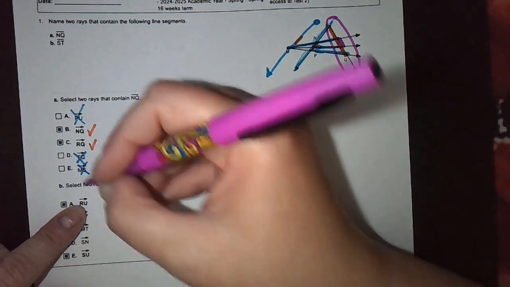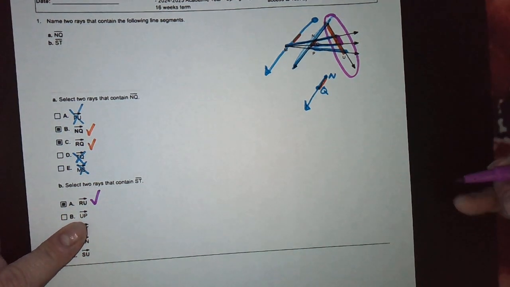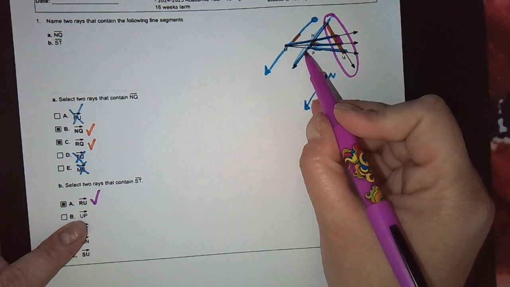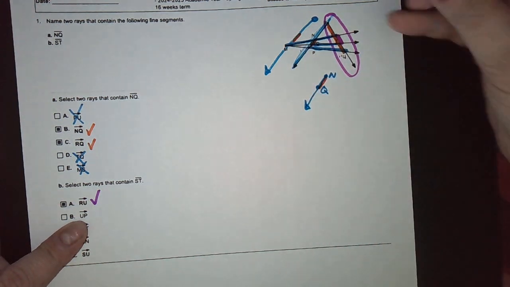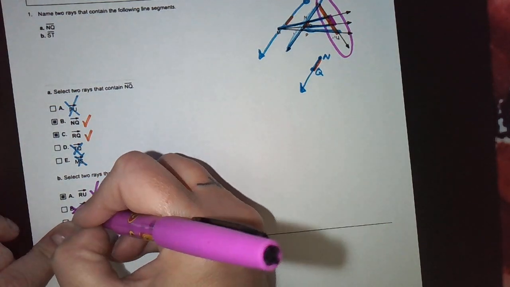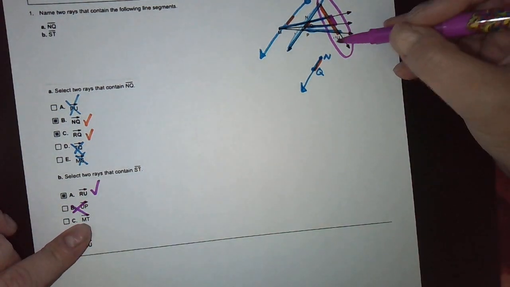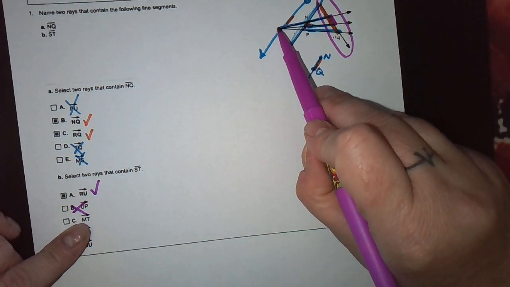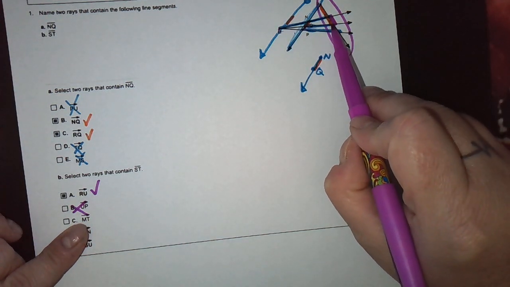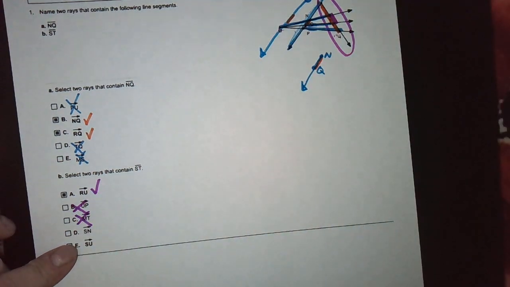And yes, it is. Okay, UP looks like here to here. And that does not include this little pink portion that we were looking for. MT is from the very left all the way to the center, but it doesn't have that little line segment on it, so it's out.